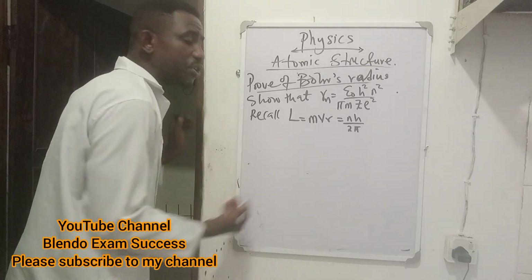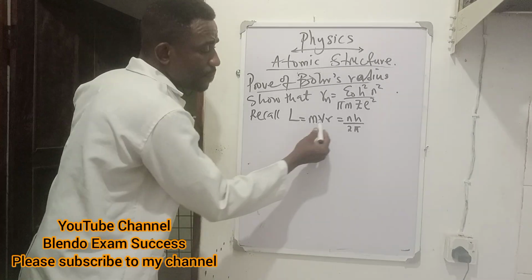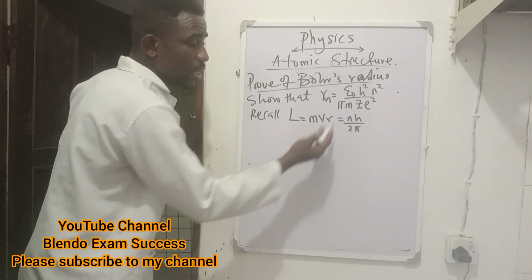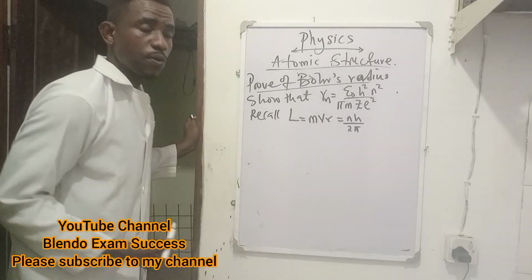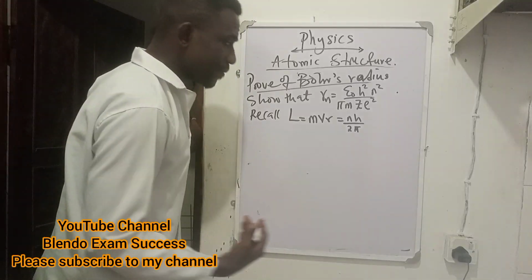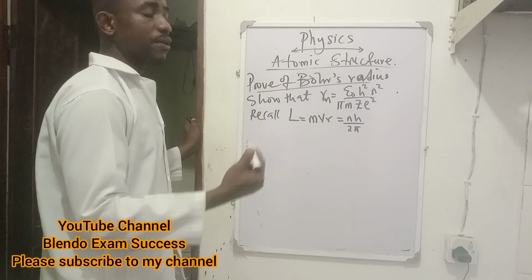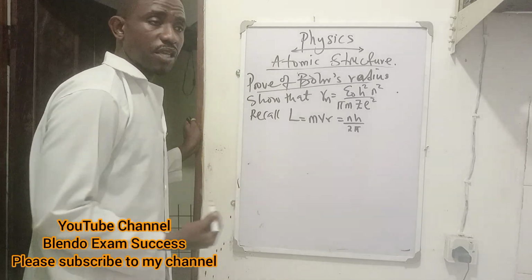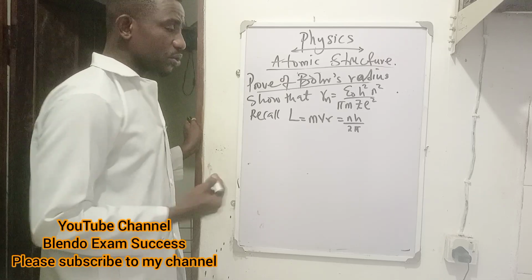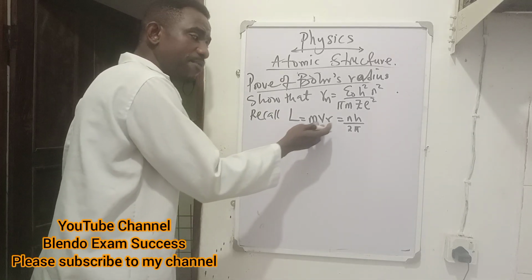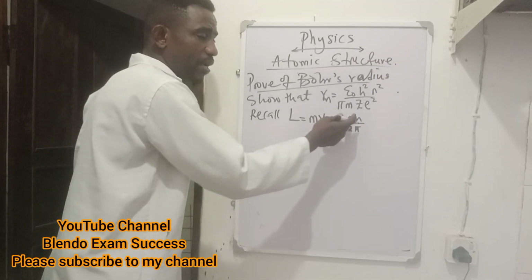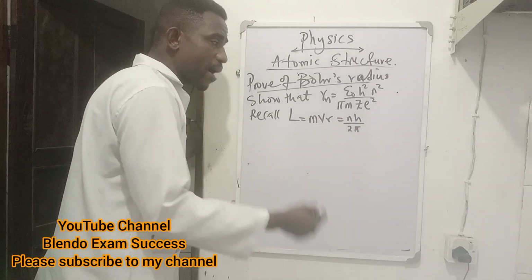So according to Niels Bohr, mvr of the electron, the angular momentum of the electron, is equal to nh all over 2 pi. We've already derived the velocity of the electron in the orbit. So the angular momentum of the electron in that same orbit is equal to mvr, which is equal to nh all over 2 pi.